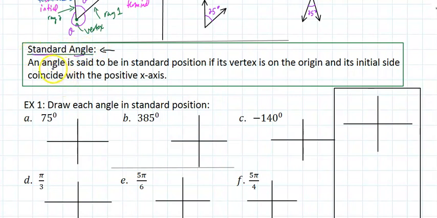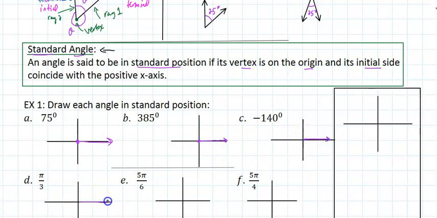What's a standard angle? An angle is said to be in standard position if its vertex is on the origin, right there. That's the vertex. And the initial side is always the positive x-axis. It coincides with the positive x-axis. No exception.